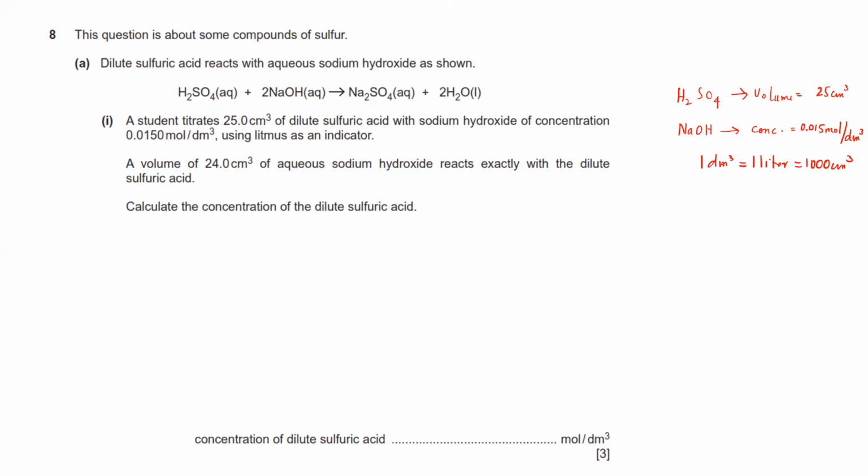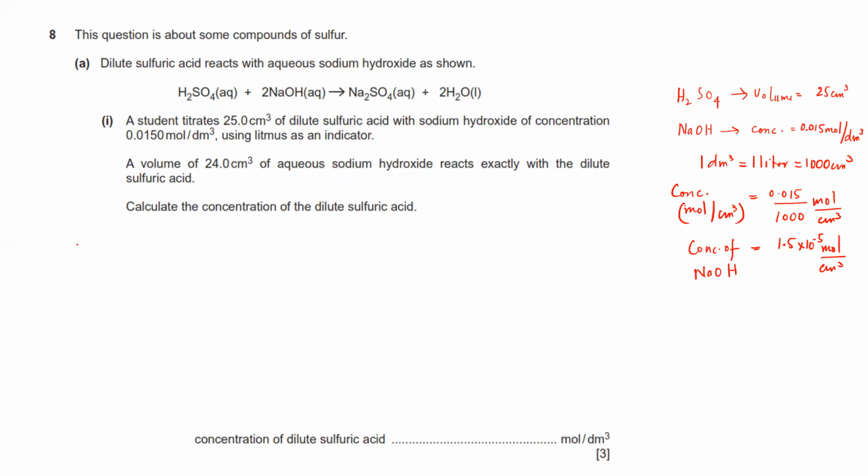So concentration in mole per centimeter cube is 0.015 divided by 1000, so this is 1.5 into 10 to power minus 5 mole per centimeter cube. Now this is the concentration of NaOH in mole per centimeter cube.